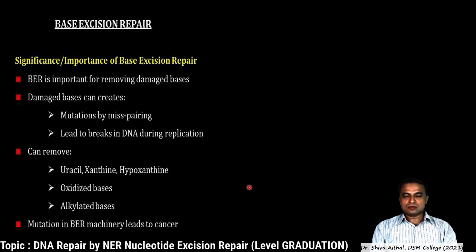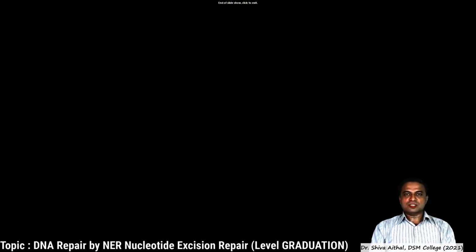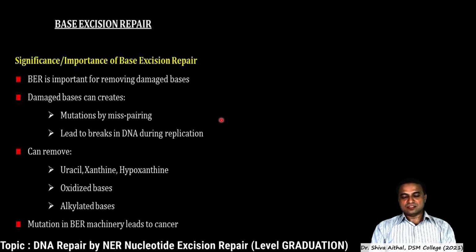Damaged bases can create mutations by mispairing, and this can halt the DNA polymerase enzyme, stopping replication. Many effects are there. So base excision repair can remove uracil, xanthine, hypoxanthine, oxidized bases, alkylated bases, and mutations in the BER machinery can lead to cancer. So this is all about the base excision repair.